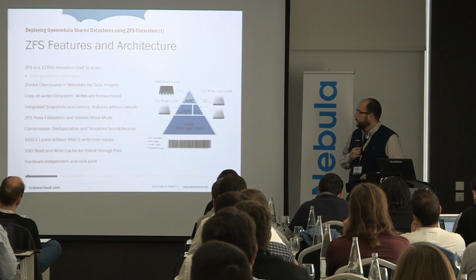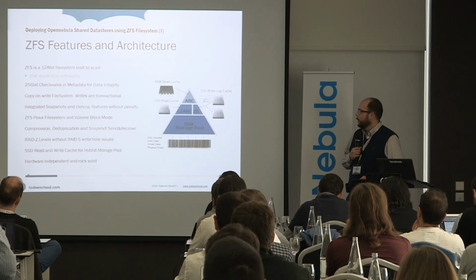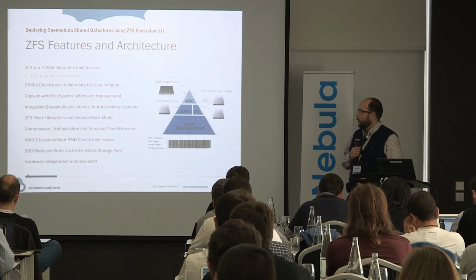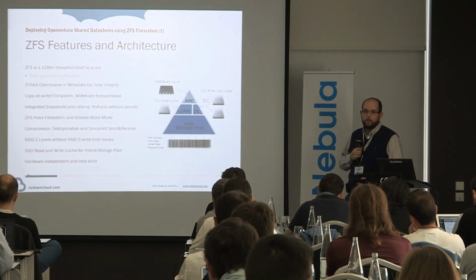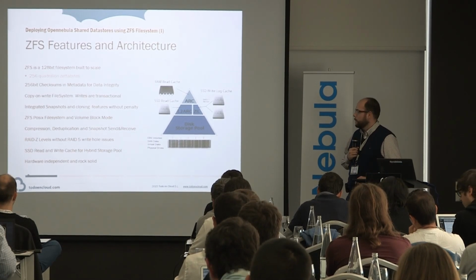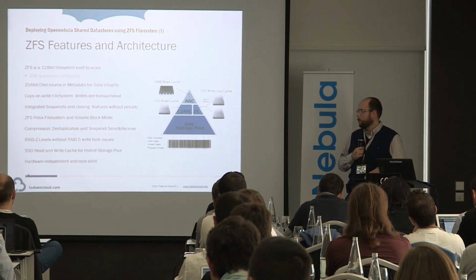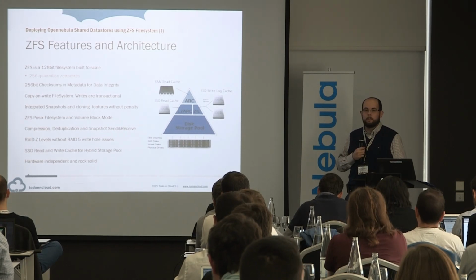And it has been developed having in mind the data integrity, and one feature that I like the most, which is copy and write file system. Every write is transactional, so every block that is written in the data store is confirmed and is consistent.